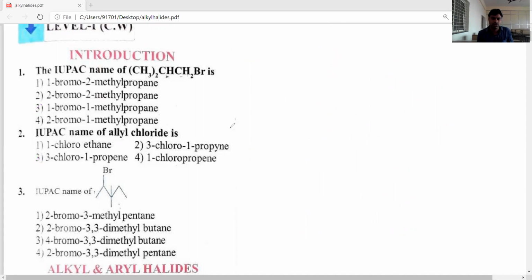Third one, what is the correct IUPAC nomenclature of the given compound? Here they gave bond line structures. See this, let's see the bond line structure. Okay, it is the bond line structure.